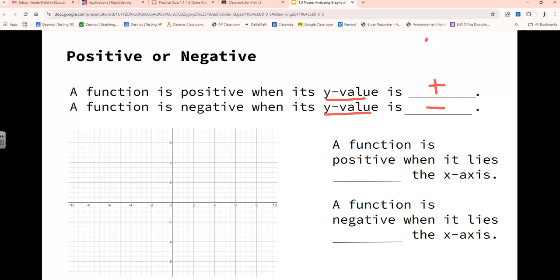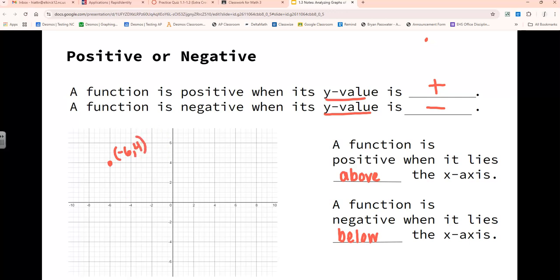The way that looks on a graph, a function is positive when it lies above the x-axis. And that function is negative when it's below the x-axis. Okay, just to sort of prove what we're talking about, think about graphing a few points. This point right here is the point -6, 4.